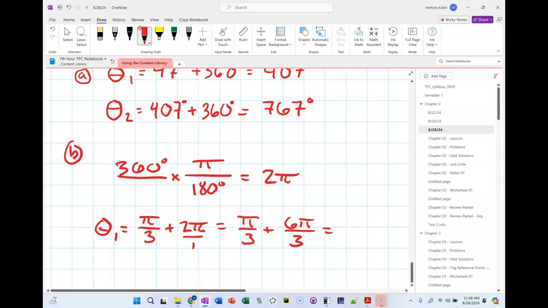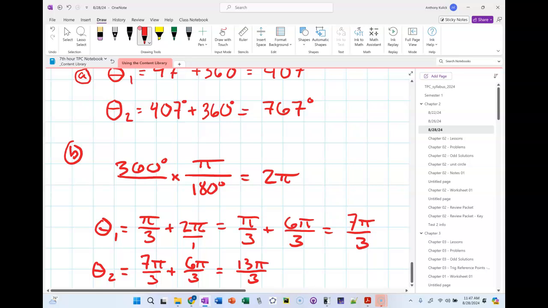And if I add pi over 3 plus 6 pi over 3, what do I get? 7 pi over 3. So that's a coterminal angle of pi over 3. Yes. And if I want to find another one, I'll just take that answer, that 7 pi over 3, and add 2 pi to it, but I know that I really want to write it as 6 pi over 3. I already made the common denominator 1, so let's just cut right to the chase. So I get 13 pi over 3.